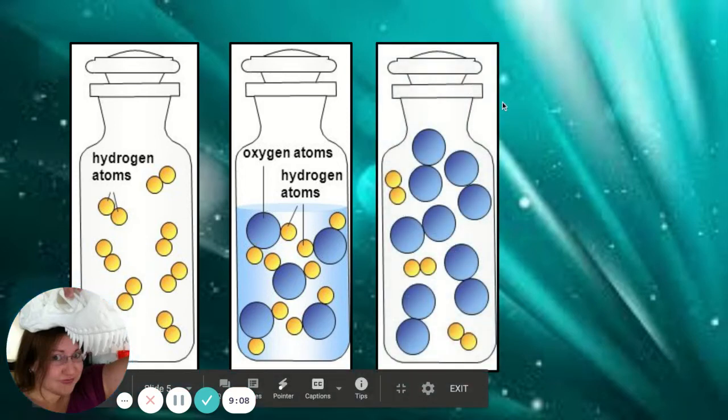This is showing us a mixture of two different elements, two different diatomic molecules. So we have whatever this blue circle is, that's one element, and whatever the yellow circle is, which is a second element. So we can assume based on these images that we've previously looked at that the yellow circles that are bonded together here are showing us H2, which is hydrogen, and the blue circles are showing us O2, which is our diatomic oxygen.